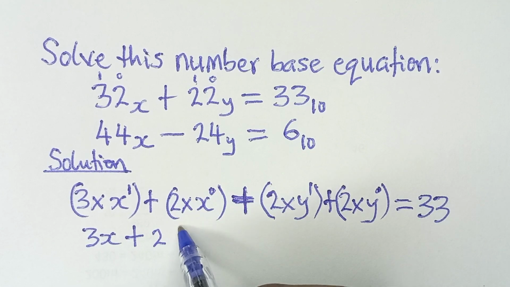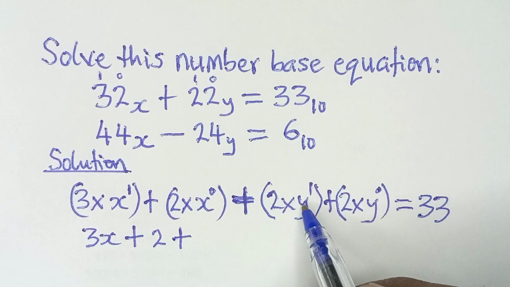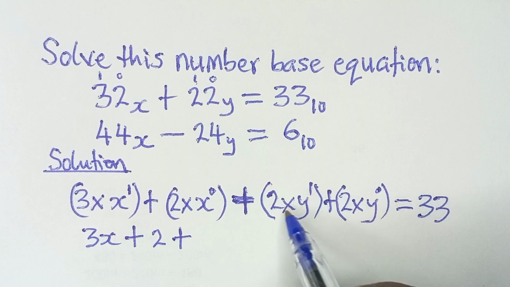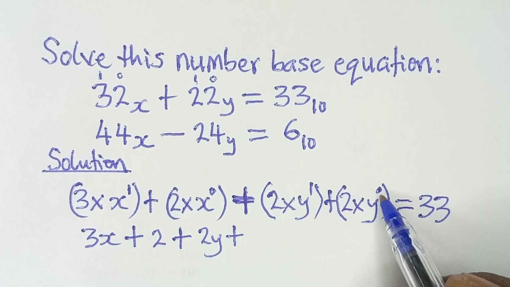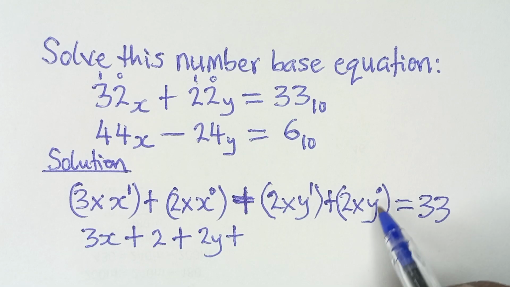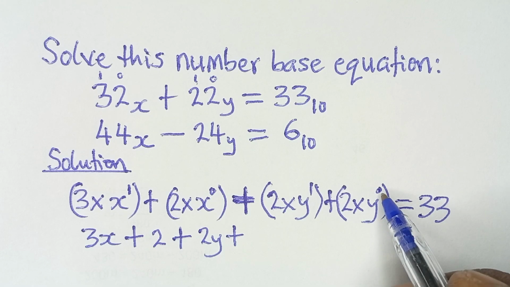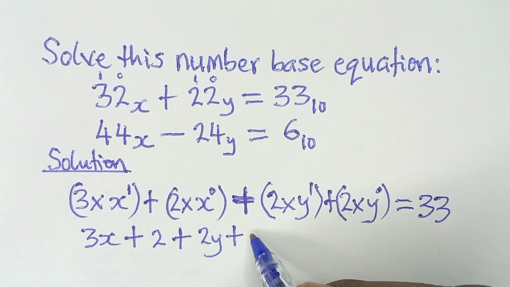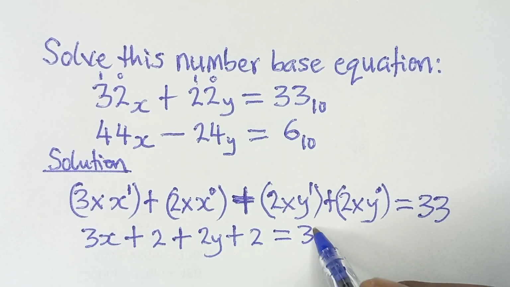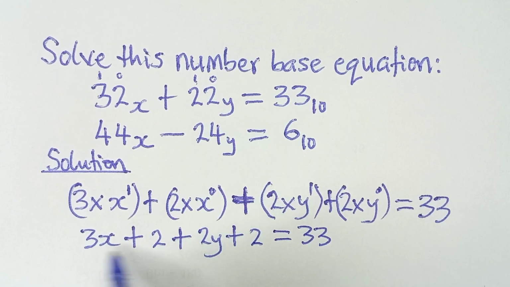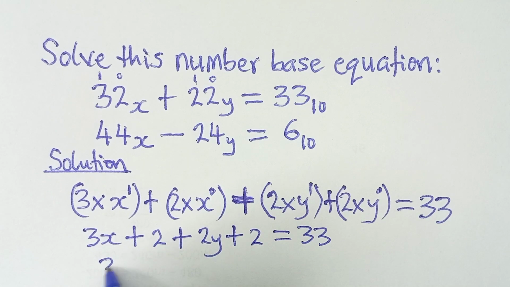And then plus y raised to the power of 1 is y. 2 multiplied by y will give us 2y. And then plus y raised to the power 0 is 1 as well. Any number raised to the power 0 is 1. So y raised to the power 0 is 1. Then 1 multiplied by 2 will also give us 2. And everything becomes 33.